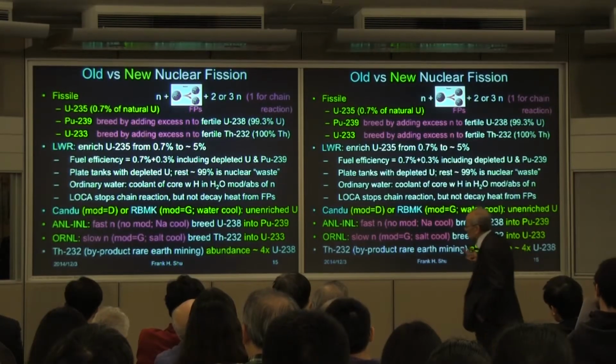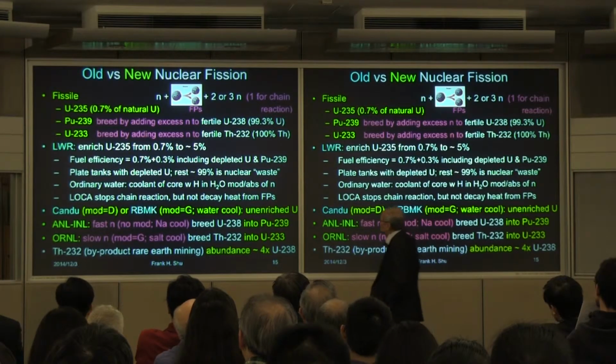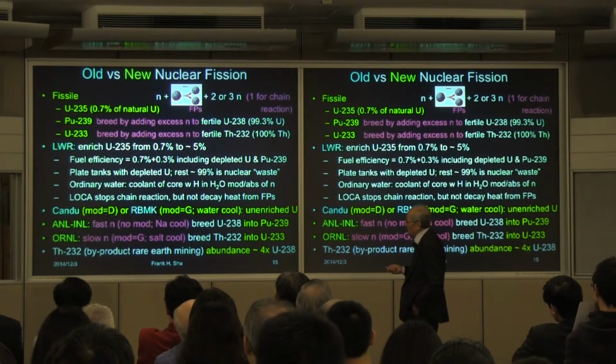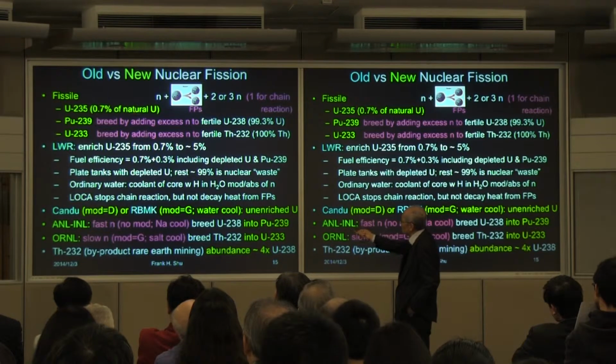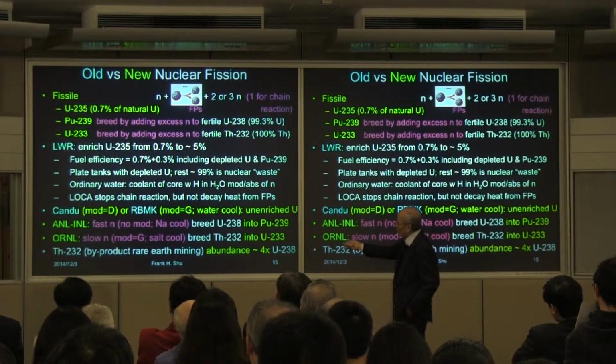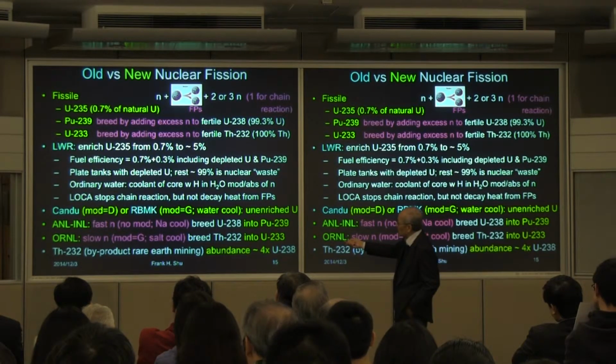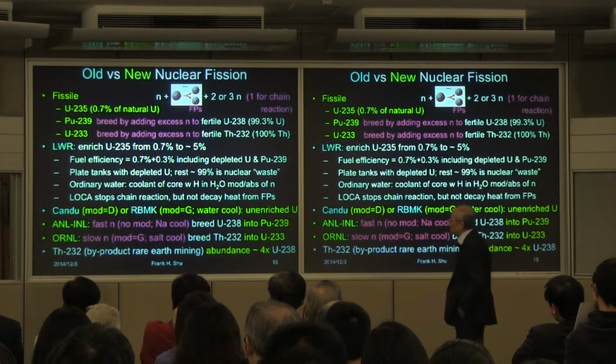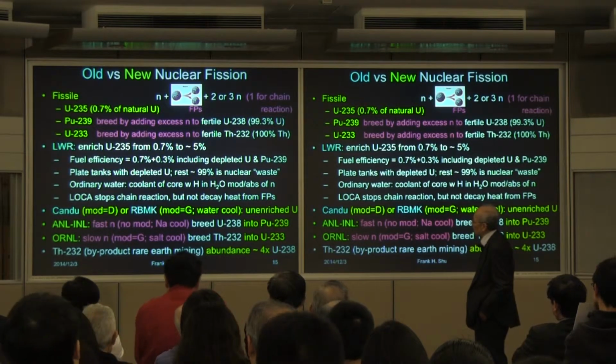So the way we use nuclear reactor today is that natural uranium is very hard to use by itself because there's so little fissile. So typically, in a light water reactor, you would do isotope separation to enrich the amount of uranium-235 from 0.7% to a higher value, typically about 5%.